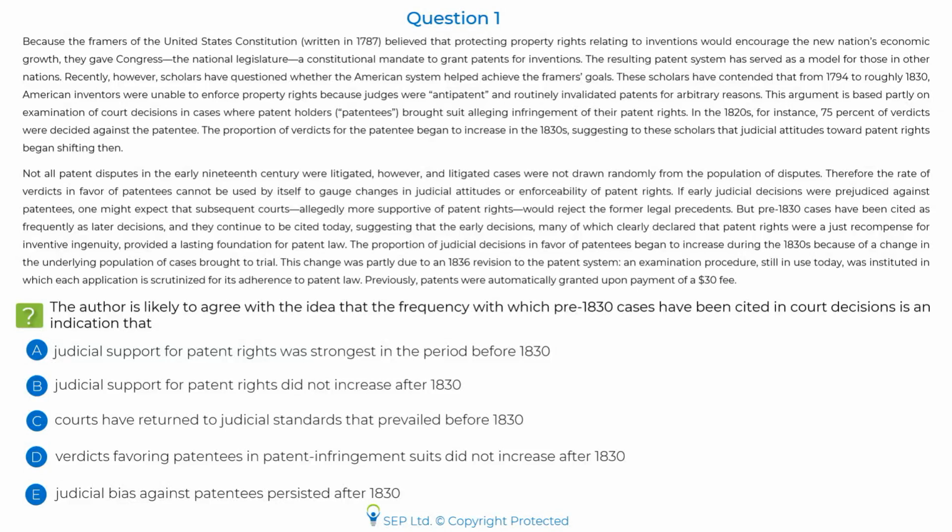Let me end the poll. 10% of you have marked A as the correct answer. 50% of you believe B is the correct answer. 20% believe C is the correct answer, and 10% each believe D and E. So basically, one big chunk is with B, and the rest of you are divided over the other options.